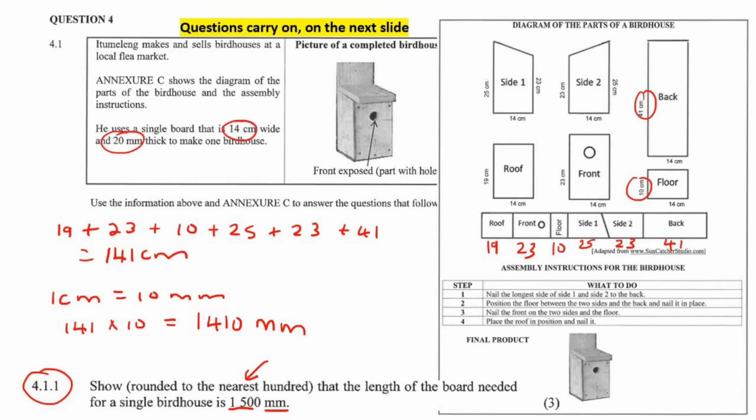If you rounded it down, you wouldn't have enough wood. So what they actually mean is rounded upwards to the nearest 100, and that's where they're getting the 1,500. So if Intumaleng went to the shop, he would ask for a 1,500 millimeter piece, because they probably sell it in 1,500 millimeter pieces, and they can cut it for him, or he can cut it. So that's how they got the 1,500 millimeters.